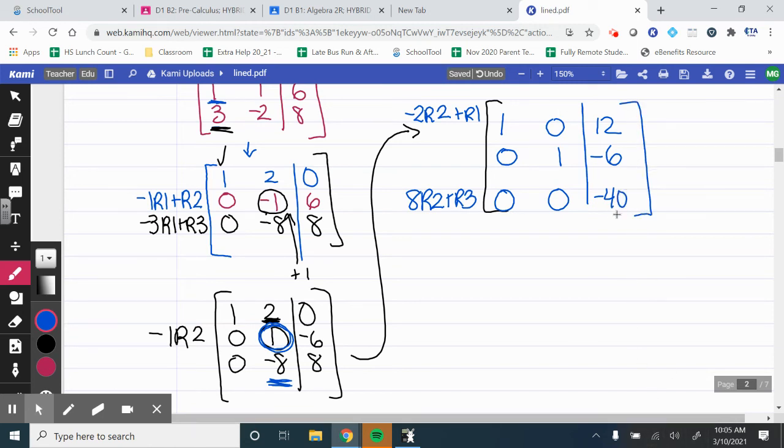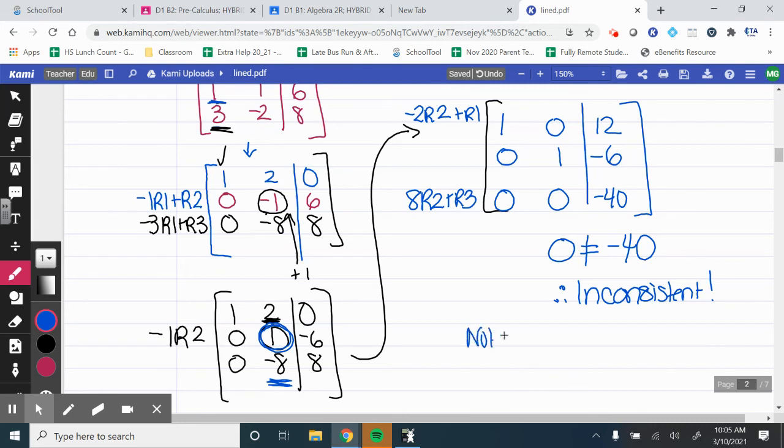If this negative 40 had been a 0, then we would be good. x would be 12 and y would be negative 6. The problem is, in our last row, it's not a full row of zeros. It's 0 equals negative 40, and that is not true, which means if it's false, our system is inconsistent.